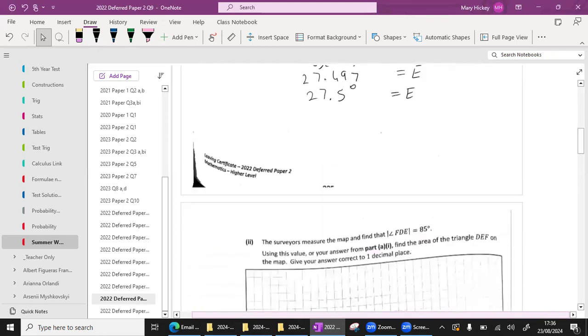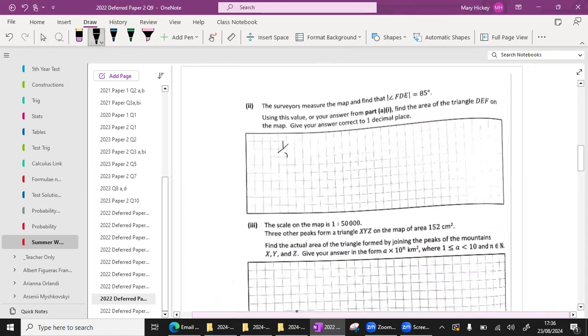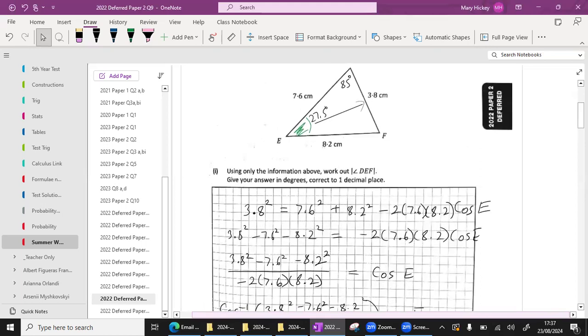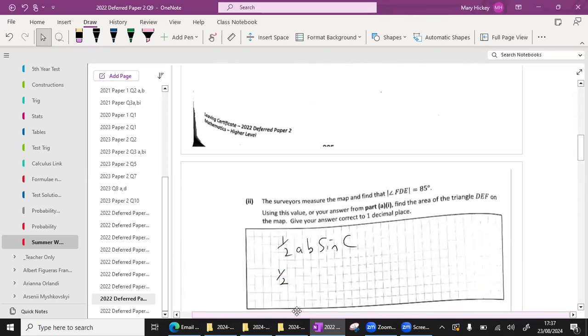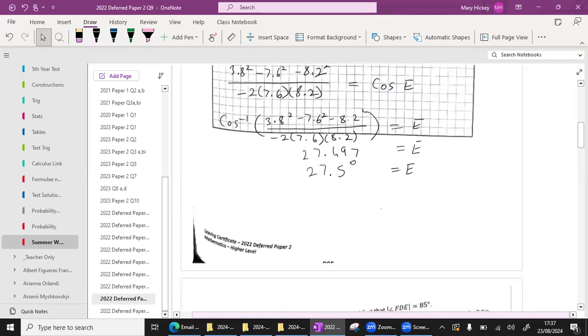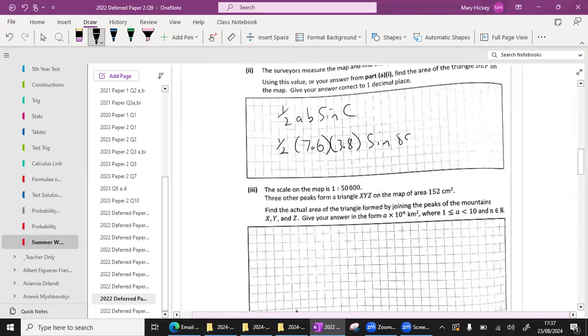So when I go to do this calculation, it is a half AB sine C. So it's going to be a half of any 2 sides and the included angle. So I'm going to do 7.6 and 3.8. And then it's going to be the sine of the angle between, which is the one I just filled in, which is 85.